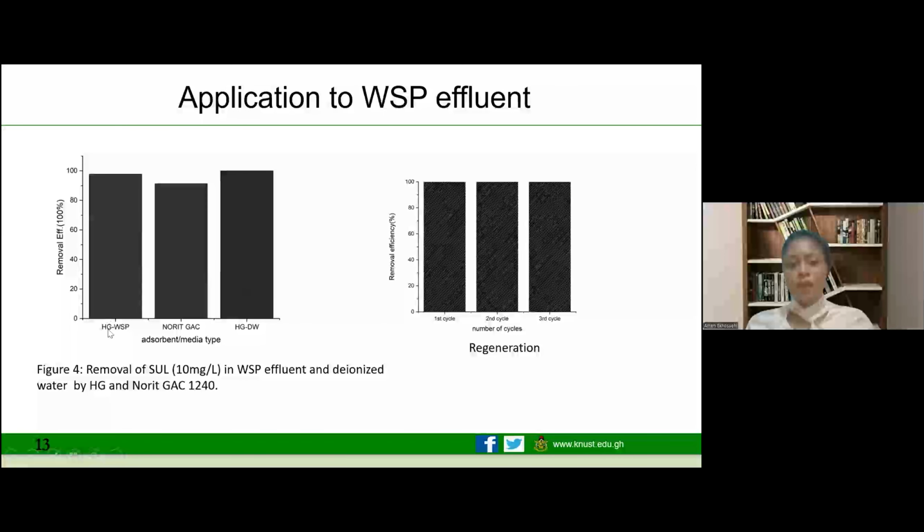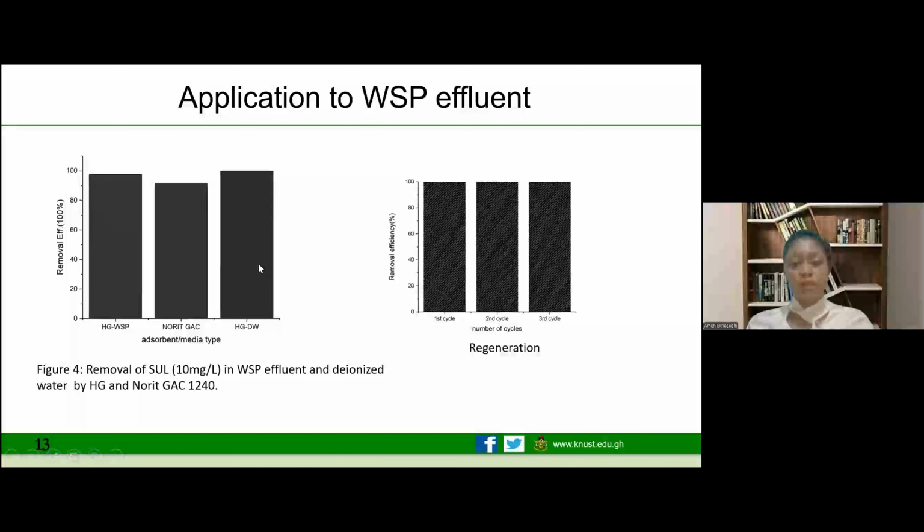For HG, we only looked at the regeneration since that was of interest and it performed better. HG achieved a 97% removal efficiency, while the Norit GAC achieved 91% removal efficiency.